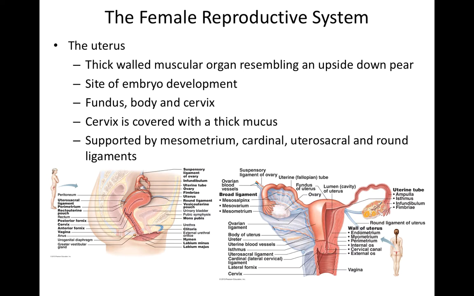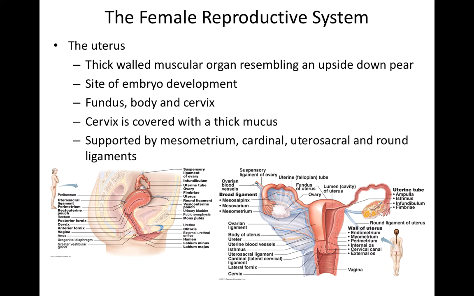So the cervix is going to be covered in a very thick cervical mucus. And that is actually going to inhibit sperm from entering through there unless we are in the window of fertilization within a given cycle. So there is protection there. That's just one of the many protections that we see.